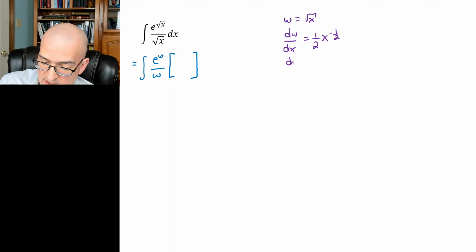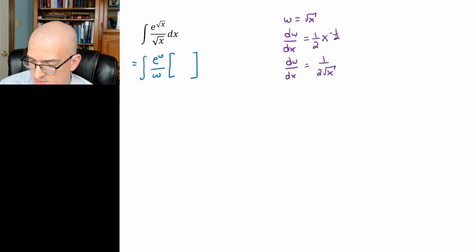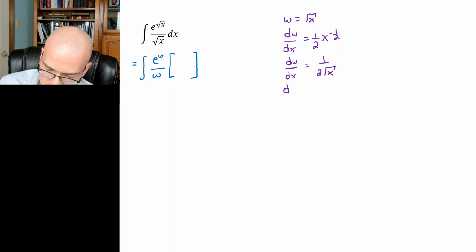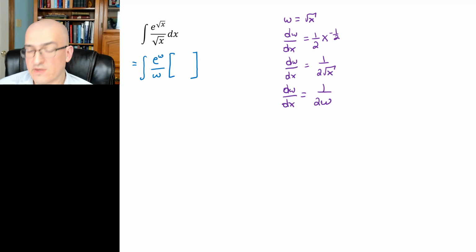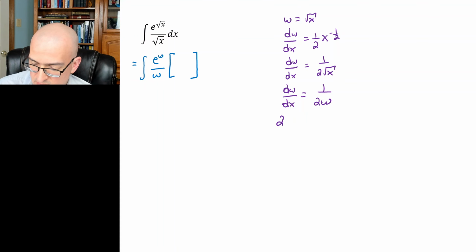I'm going to rewrite that as 1 over 2 root x. But root x is w, remember? So 1 over 2w. We're using the substitution again. Now I'm going to cross multiply, so 2w dw is equal to dx.